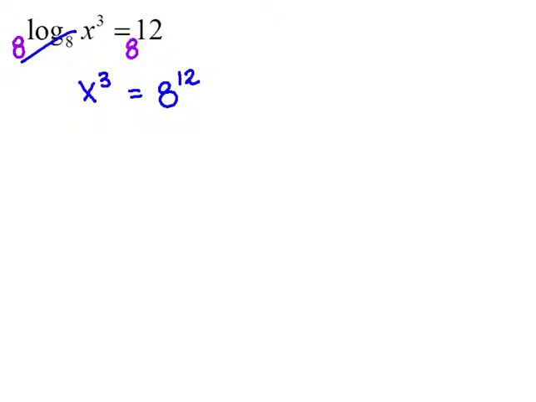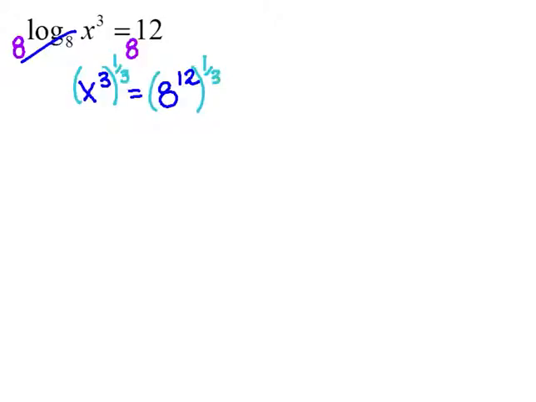I won't use the calculator yet, because 8 to the 12th is going to be an incredibly large number. So what we're going to do is solve for x. I'm going to raise both sides to the 1/3 power.